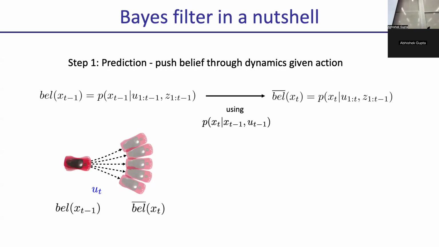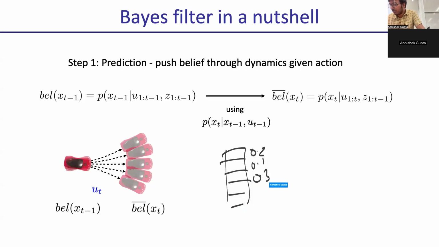So maybe one way of intuiting this is, you can think of belief at time step t-1 as saying, if there are 5 possible positions I could be in, and say I have 0.2, 0.1, 0.3, 0.2, I'm not sure yet, and 0.2, that's my likelihood of all the 5 positions before.